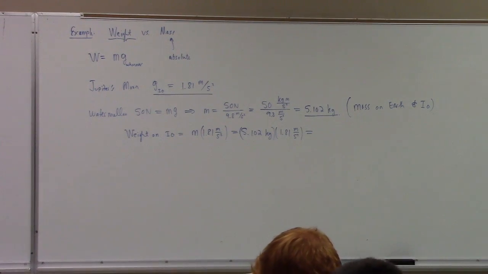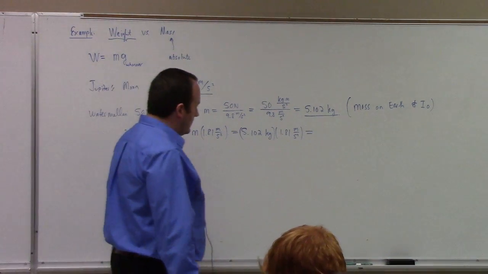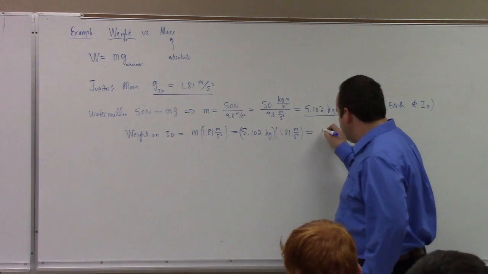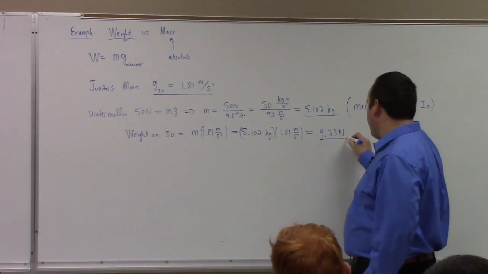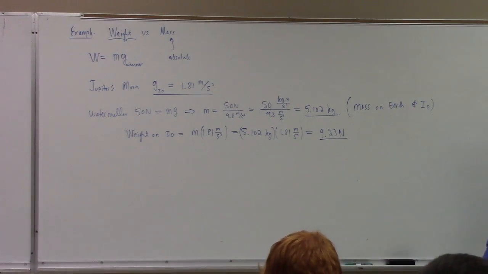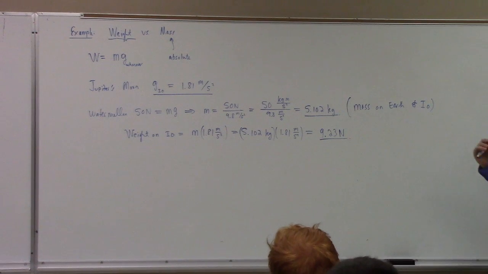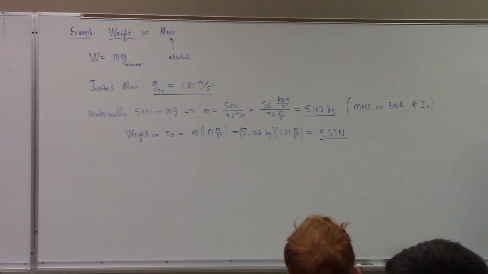Yeah, 9.23. Does that make sense? That this number would be smaller? 50 newtons on Earth, 9.23 newtons on Io.